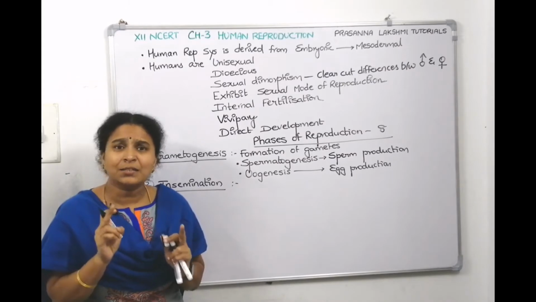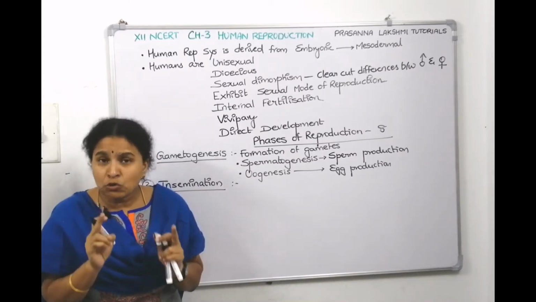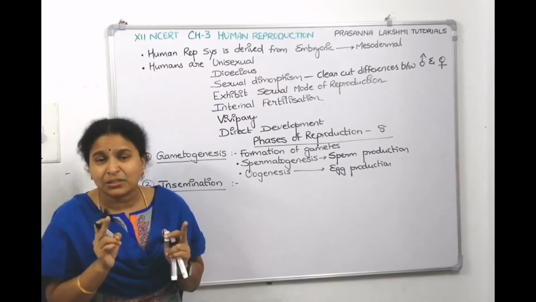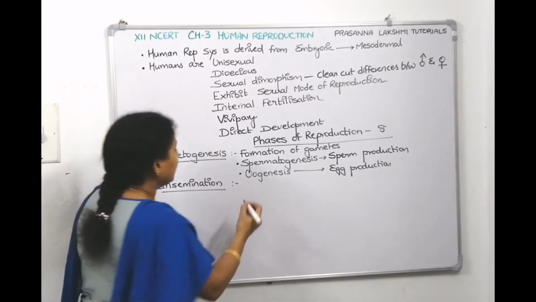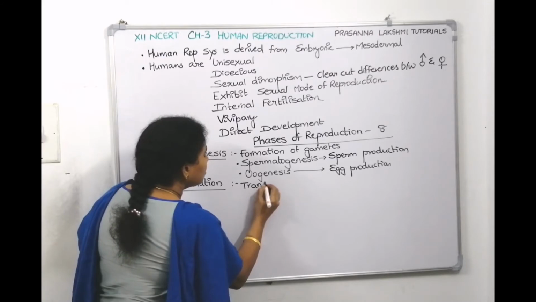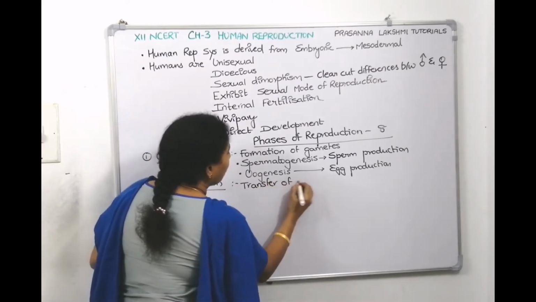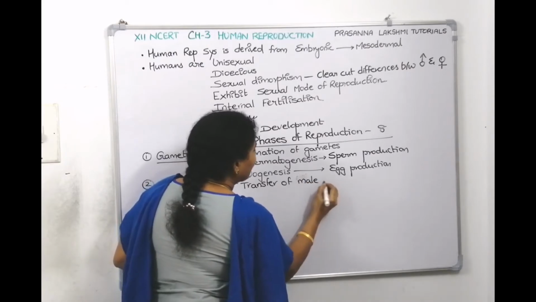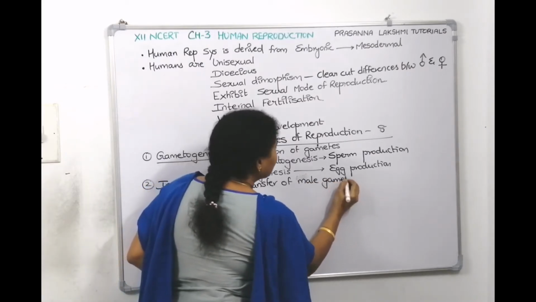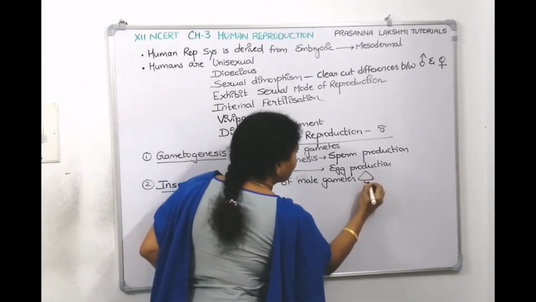Now, what is meant by insemination? Insemination means it is a transfer of male gametes into the female genital tract during copulation, during mating. What are male gametes, children? Male gamete is sperm, right?